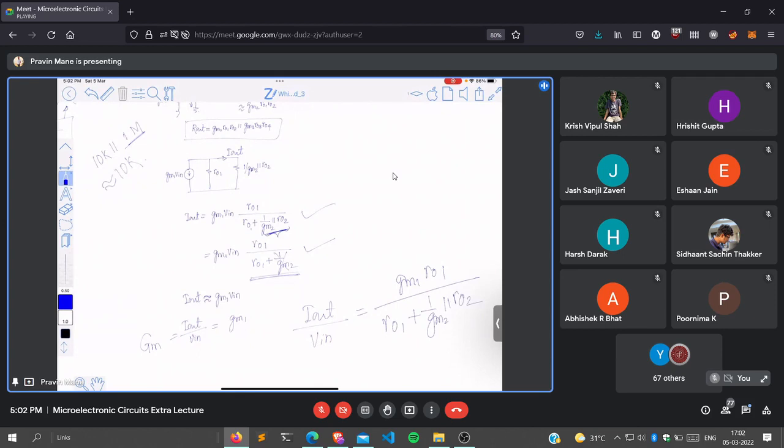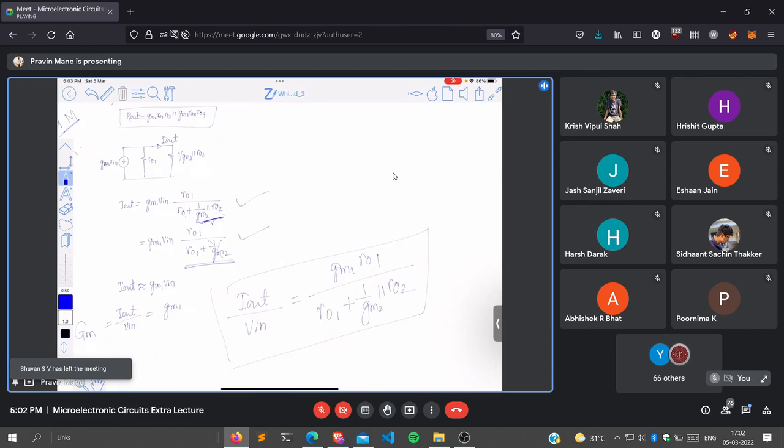You solve it, you will get this expression. This is the actual expression. But when I put in values, I will not get much difference between this value and small GM1. So I replace capital GM, but it is approximately equal to GM1 because this becomes equal to 1 by GM2. RO1 plus 1 by GM2, 1 by GM2 can be neglected, and then RO1 gets cancelled. So it is GM1.